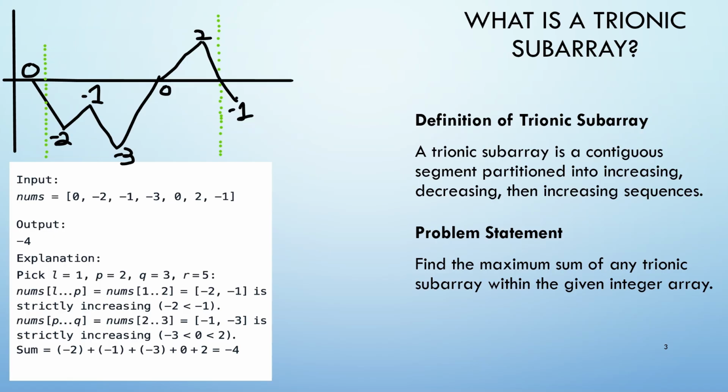We can see there is another Trionic subarray present, -2 till 0. But that is not the final answer because that is not giving us the maximum subarray sum. So the question is to find the maximum Trionic subarray sum present in an array. So let's jump into the intuition.